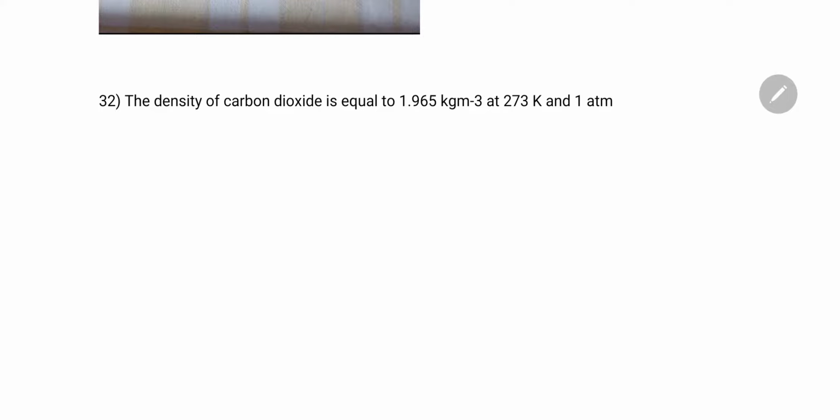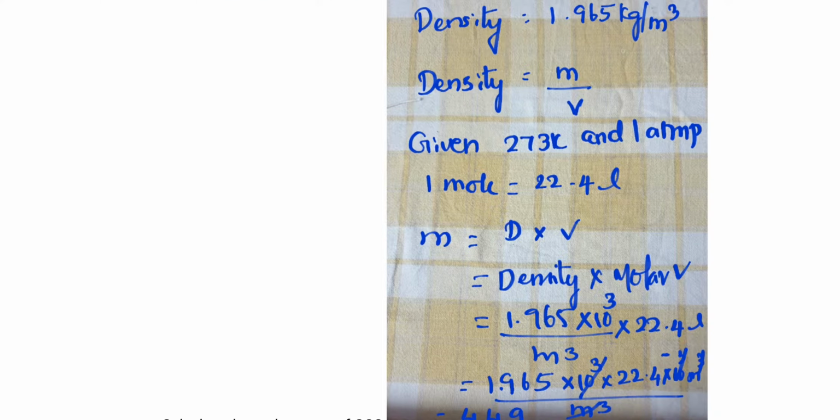Next question is 32nd question. The density of carbon dioxide is equal to 1.965 kilogram per meter cube at 273 Kelvin and 1 atmospheric pressure. Calculate the molar mass of carbon dioxide. In this case, they had given you the density of the carbon dioxide, 1.965 kilogram per meter cube.